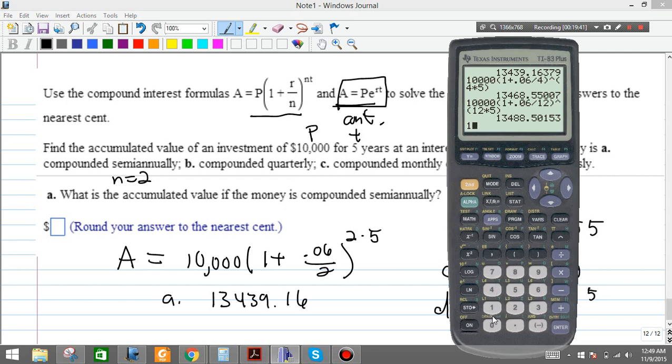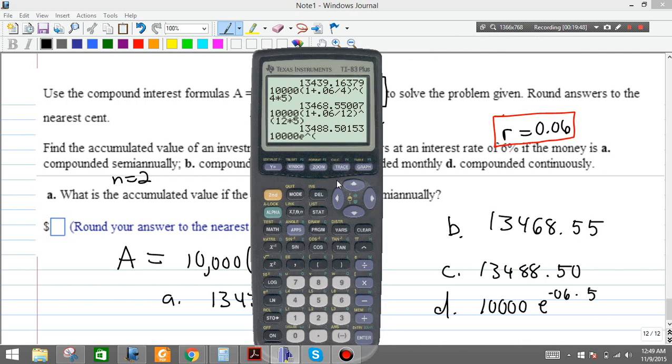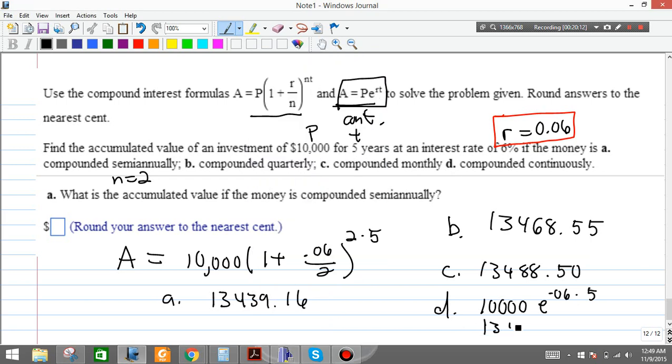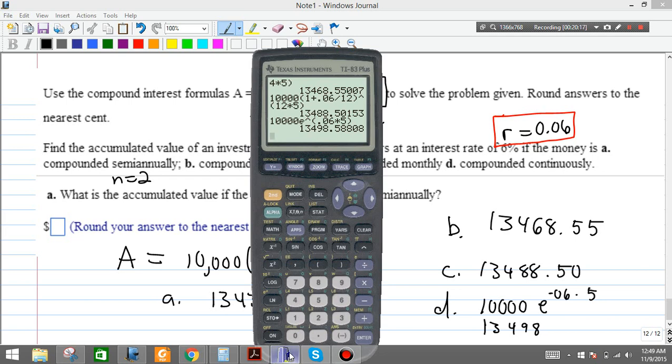So it's 10,000, times e to the 0.06 times 5. $13,498.59.